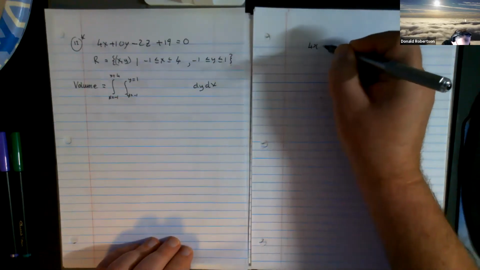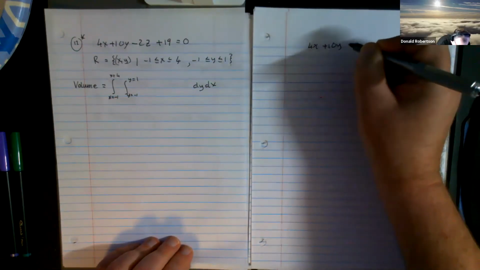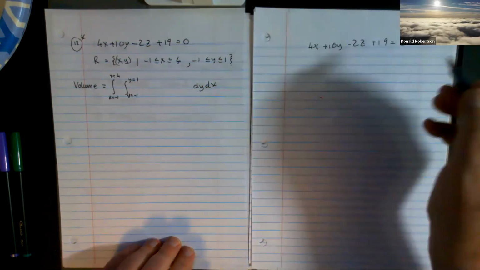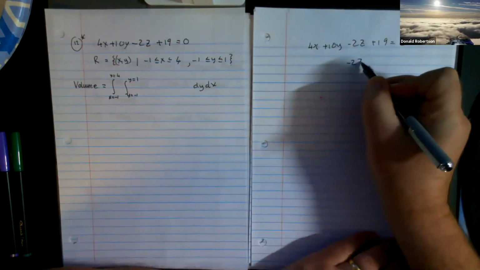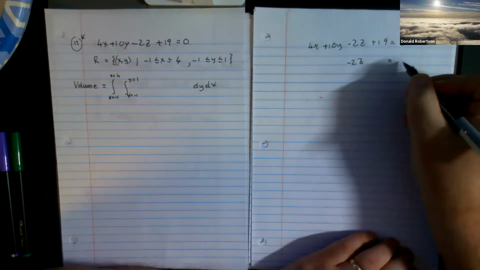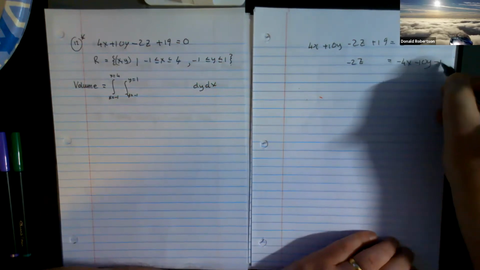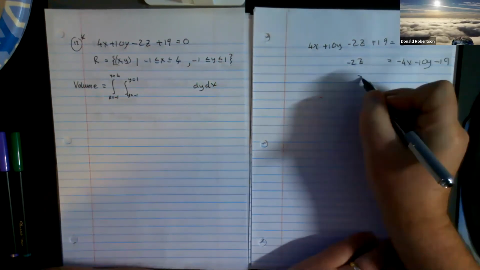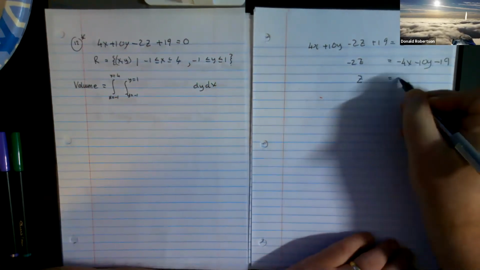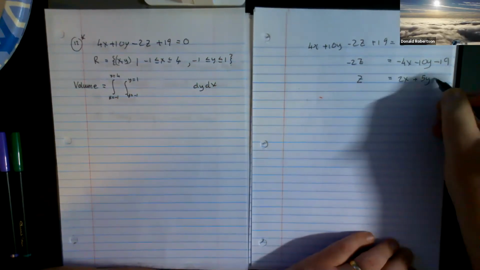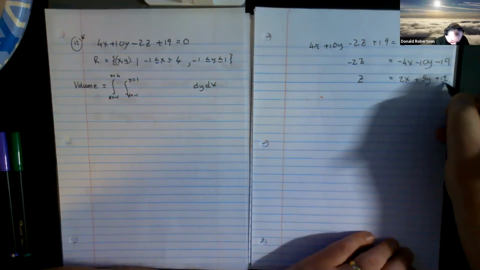So I'll do the kind of working over here, which might be how you would do it. I want to solve for z. So as long as you do it to both sides, okay, rule, I'm going to subtract 4x, I'm going to subtract 10y, and I'm going to subtract 19. And I'm going to divide everybody by -2, so I get 2x, I get a plus 5y, and I get a plus 19 halves.